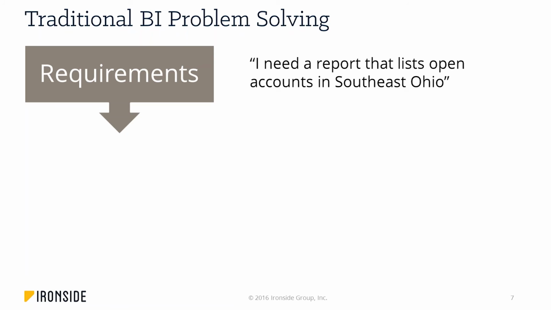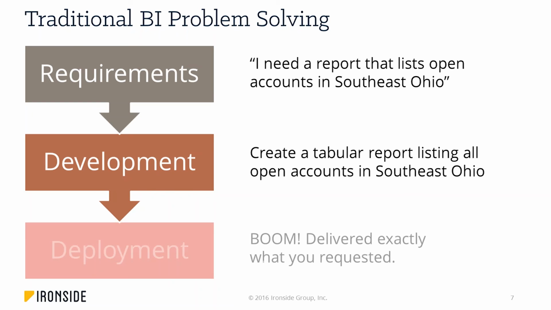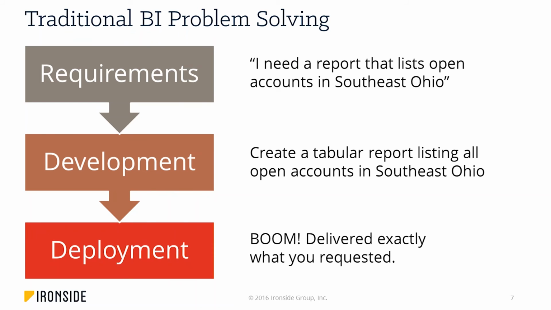There's not a lot of context to it. It's just a very basic request, right? What are the requirements? So you react by creating a tabular report that lists all open accounts in Southeast Ohio, and then, boom, you've delivered exactly what has been requested. Drop the mic and you're done, right? Yeah, so off we go.